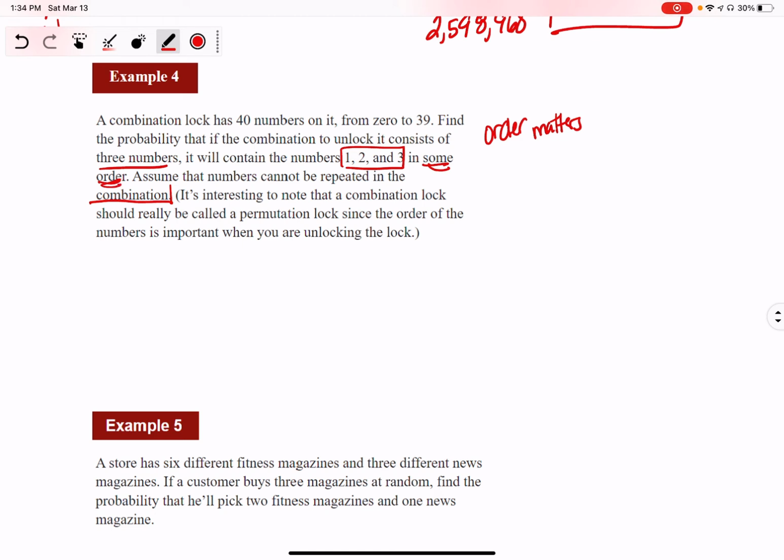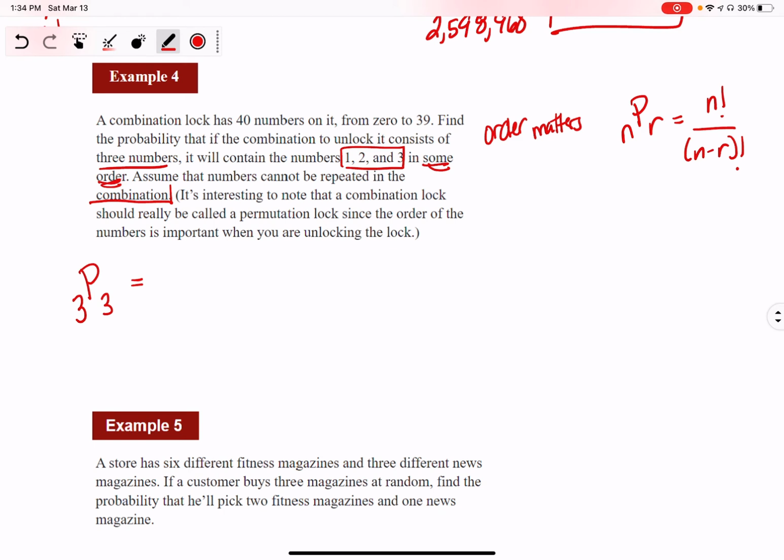All right. So it told us that the order matters when opening the combination lock. So we're dealing with a permutation in this problem because order matters. So now we're looking at our permutation formula. And just a reminder, permutation was n factorial over n minus r factorial. Okay. So the number of combinations for the lock containing 1, 2, and 3, we are looking at 3 and 3.